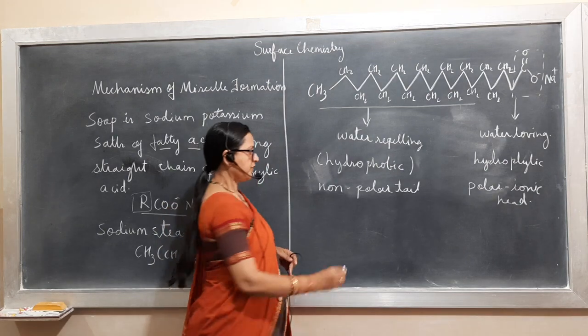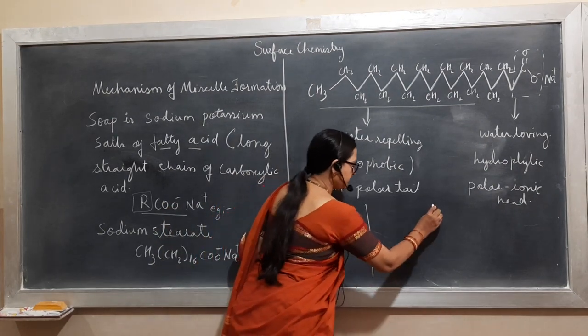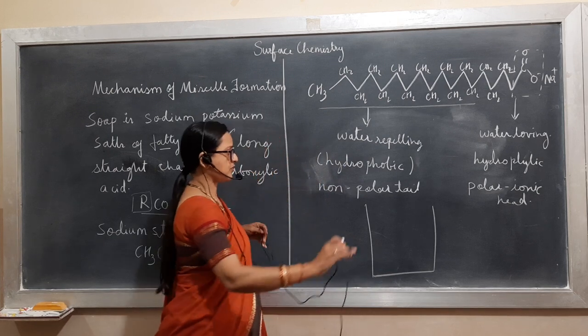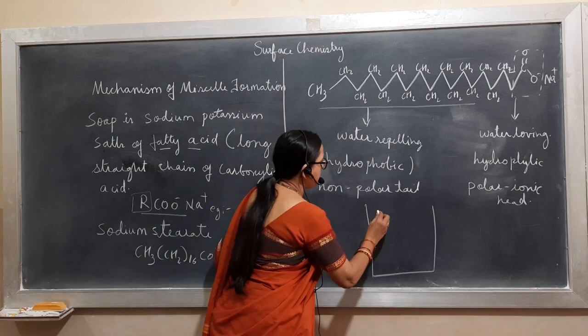What happens now if it is added in the water? We have learned that RCOO minus is going to have two parts.